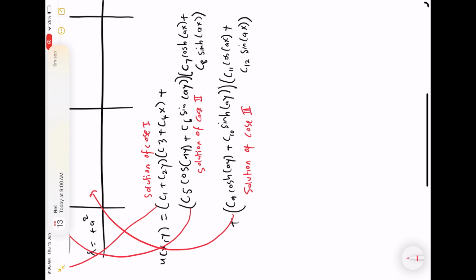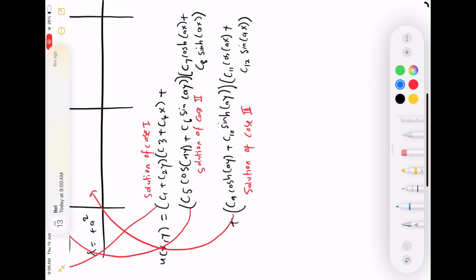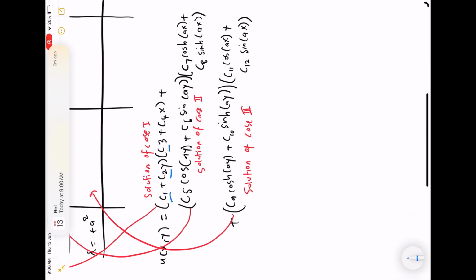Okay, so now you have a lot of unknown coefficients. So you have unknown coefficients C1, C2, C3, C4, C5, C6, C7, C8, C9, C10, C11, C12.